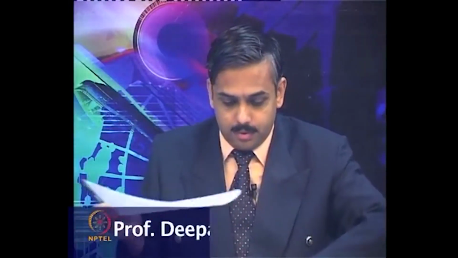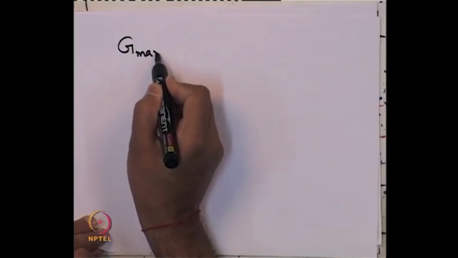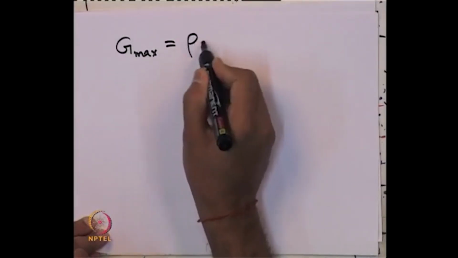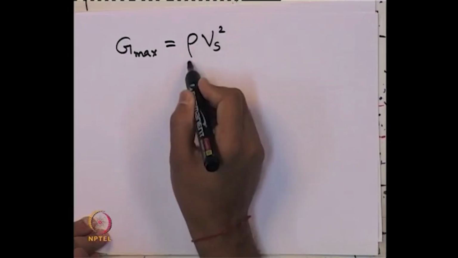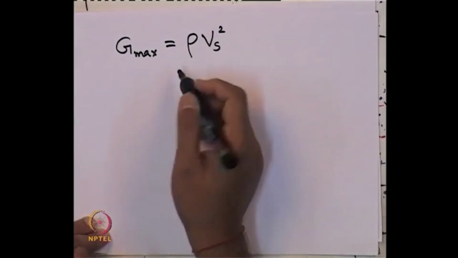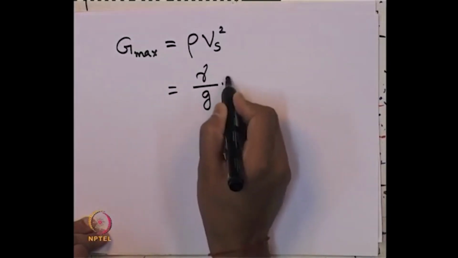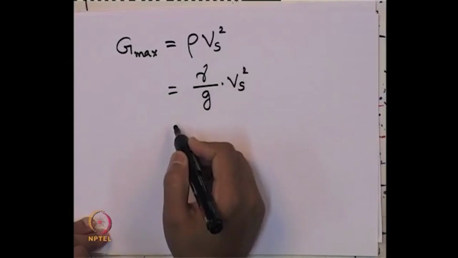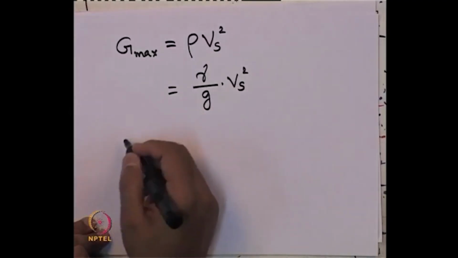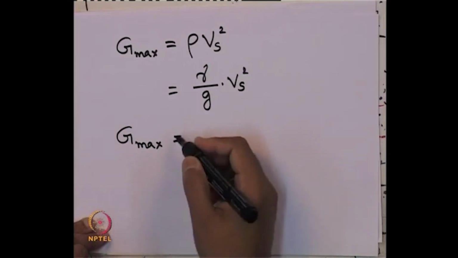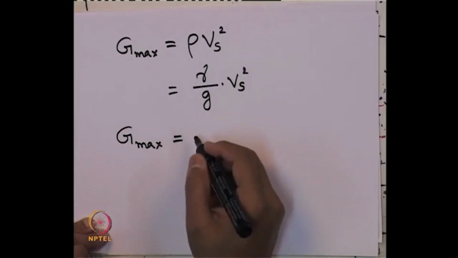Now, the next part is asked, what is the G max value, that is maximum shear modulus. G max is given by the equation rho Vs square. Rho is the density of the material. So, we can write it as gamma by g into Vs square. Therefore, what value of G max we will get, calculate and cross check this value.